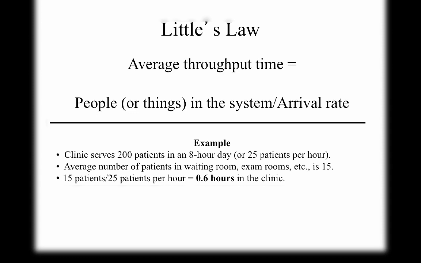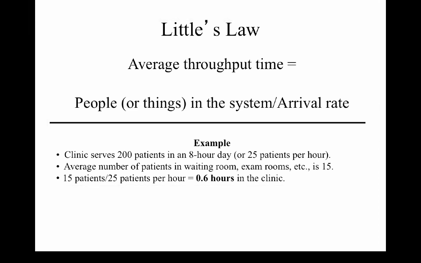And then the average number in the system, which includes your waiting room, your exam rooms, etc., is 15. So again, you use the equation from up top, and it becomes a very simple calculation. So 0.6 hours is the average that every patient is spending in your clinic. So that's what the average throughput time tells you.